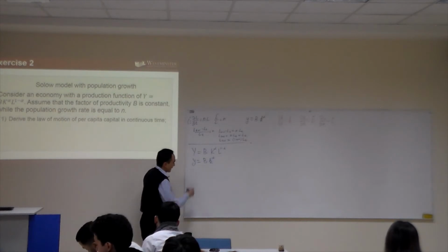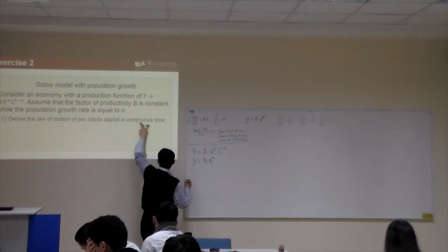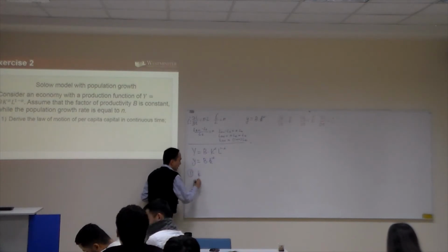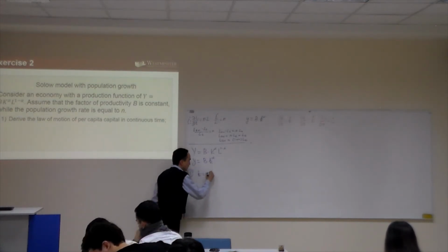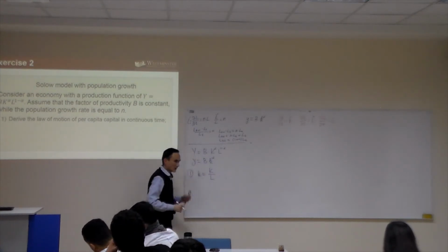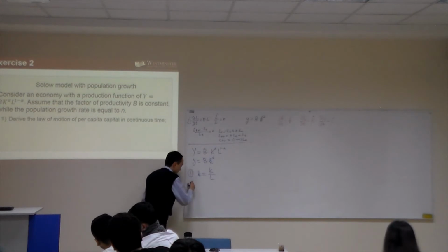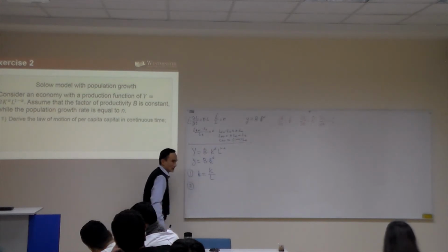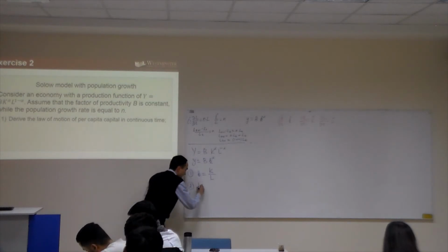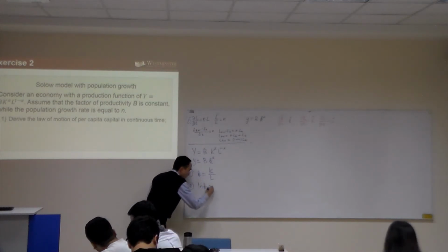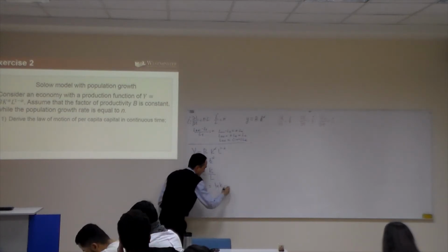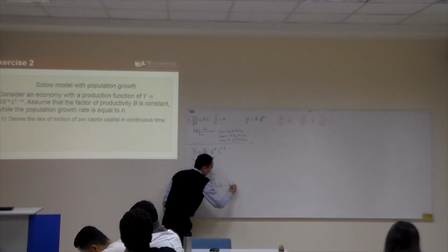So, derived in continuous time, what we consider first is that our per capita capital is equal to capital stock over labor. Second, we took the natural log of both sides of this equation. The natural log of per capita capital is equal to the natural log of capital stock minus the natural log of labor.